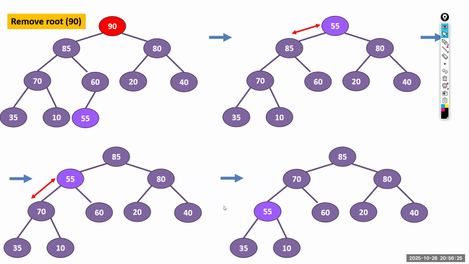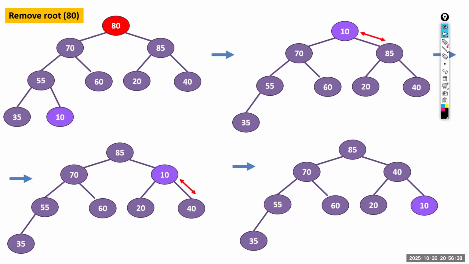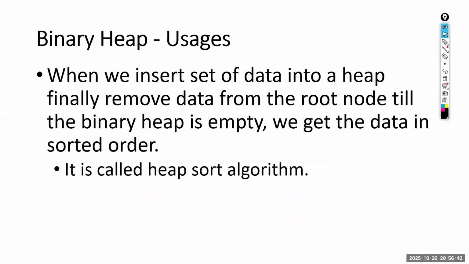Right? So basically you build the binary heap and keep taking from the heap root until your heap is empty. So that means you have given the data in sorted order. Okay? Sorted order. Is it clear?